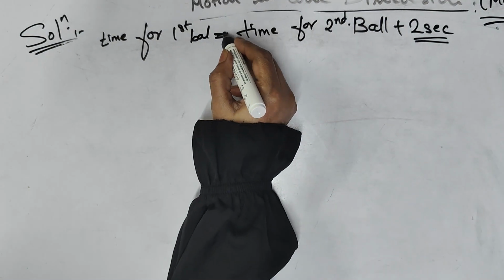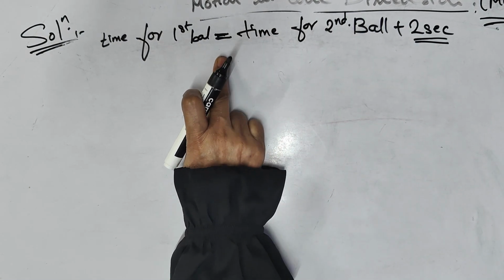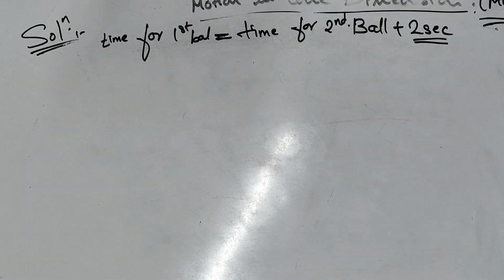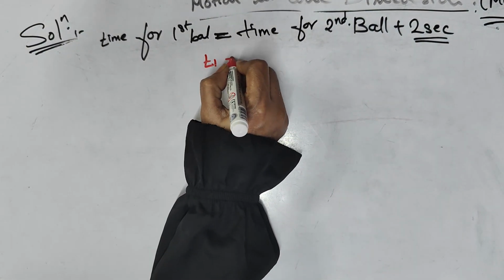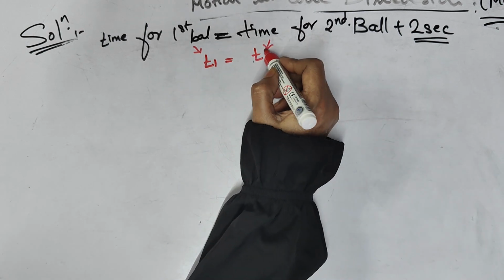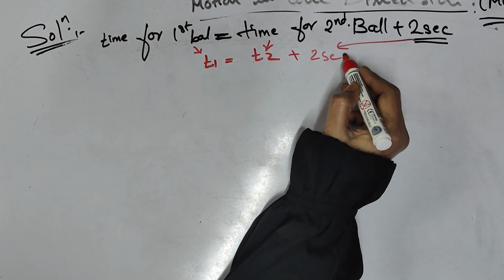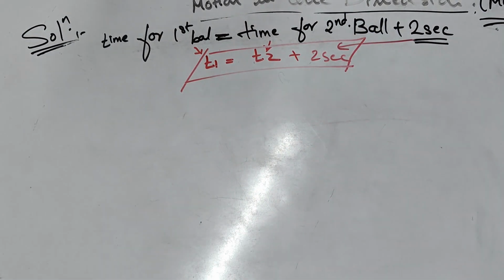So here we made the equation, because here we got the equal to sign. So the equation becomes T1 is equal to T2 plus 2 seconds. This is what we got as the equation.